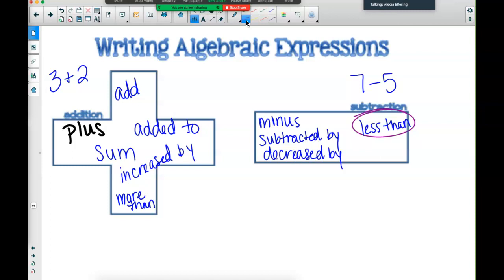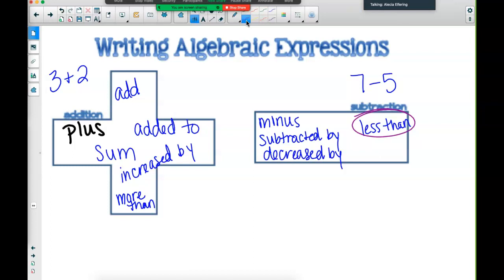If this was the problem, would you say 7 less than 5 or 5 less than 7? 5 less than 7. If I read this using the words less than, it's always the opposite order, which gets kind of tricky. So be careful with the words less than.